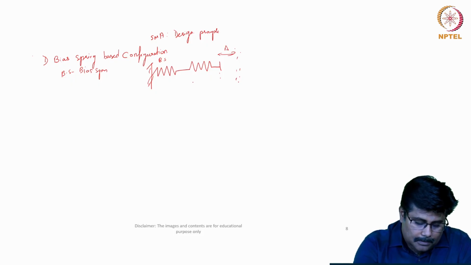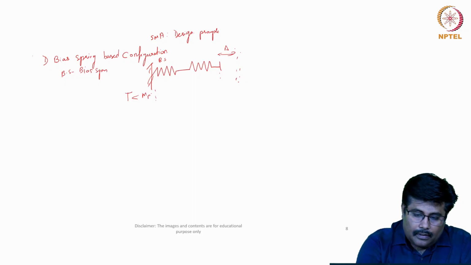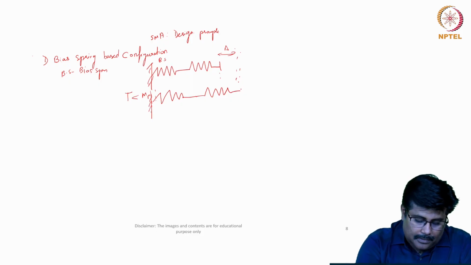In this particular case, we can have two different conditions. One is when T is less than martensite finish, where we can have the expansion with reference to the bias and the SMA, so that it reaches this particular point.